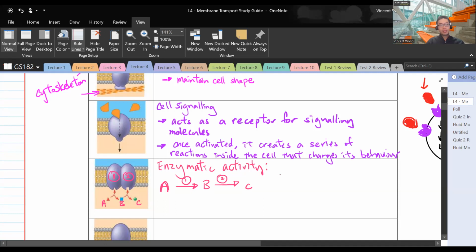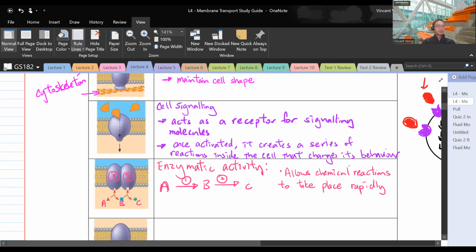Okay, so by putting the enzymes close to each other on the cell membrane, this setup allows chemical reactions to take place rapidly.